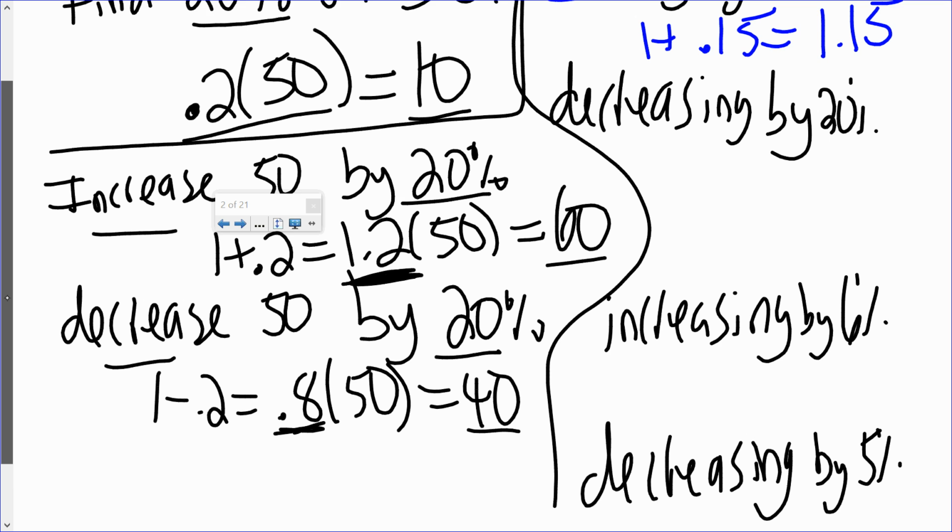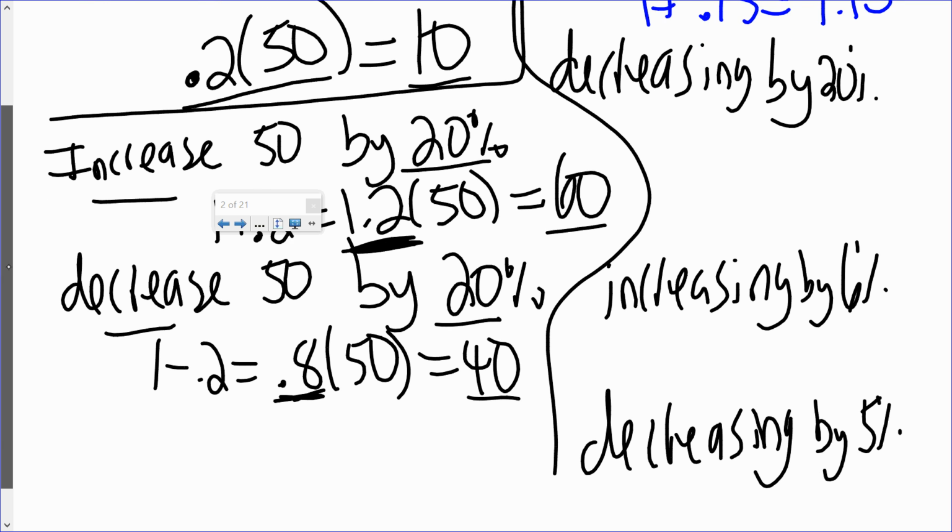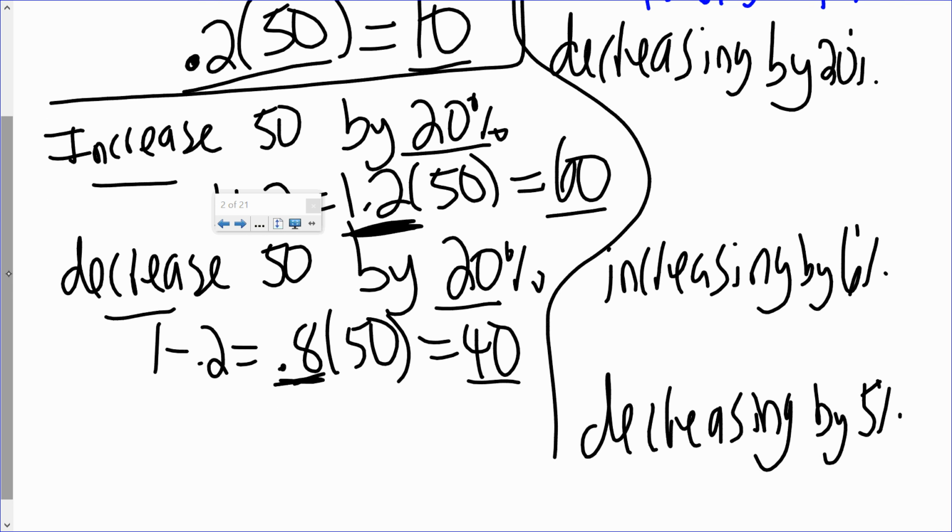So I'm going to multiply whatever is increasing by 1.15. Why don't you try right now on your own, whether it's mentally or on paper, decreasing by 20%, increasing by 6%, decreasing by 5%. I'll give you about 30 seconds.